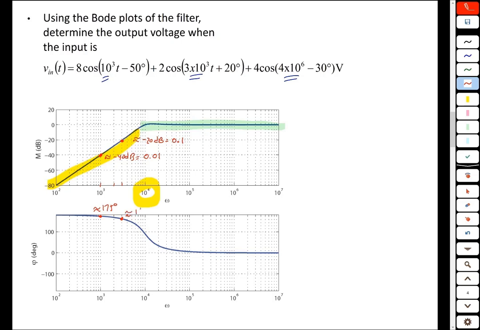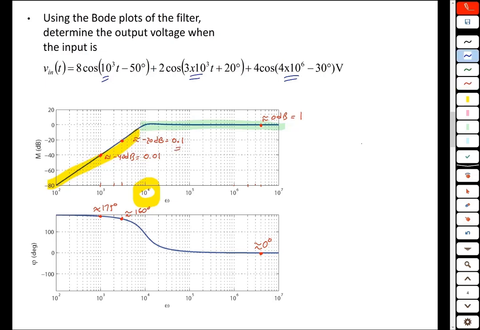It's maybe approximately 160 degrees. 4 times 10 to the 6, here's 10 to the 6, 2 times 10 to the 6, 3 times 10 to the 6, 4 times 10 to the 6. It's approximately 0 dB, which is a gain of 1. And the phase, approximately 0 degrees.